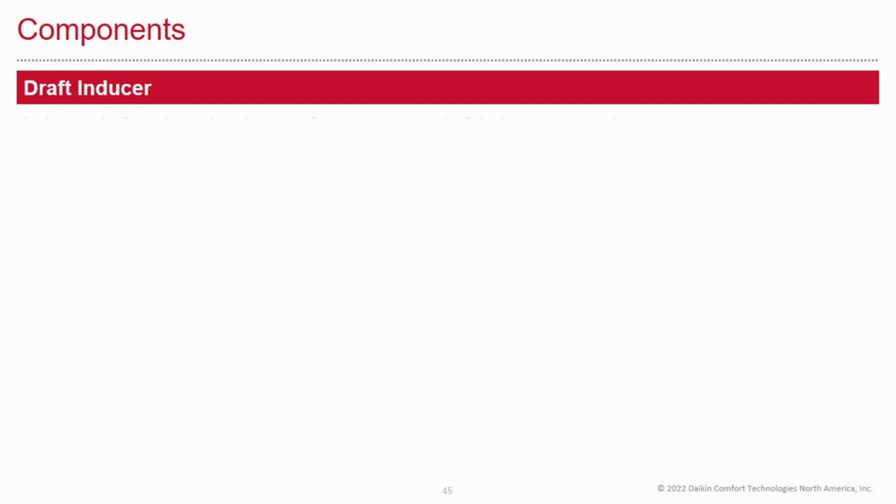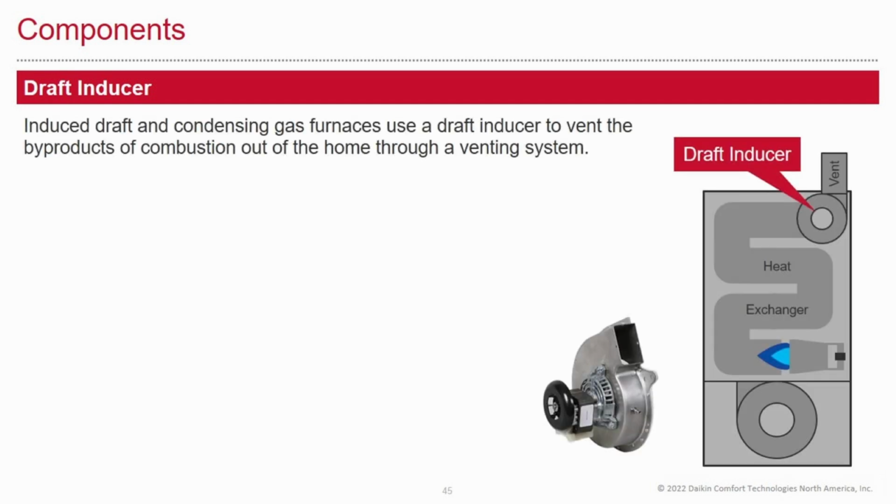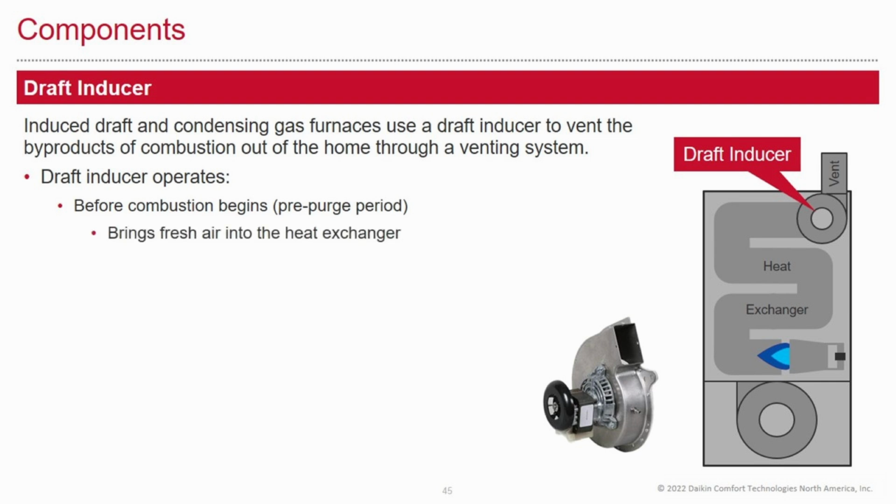Draft inducer. Induced draft and condensing gas furnaces use a draft inducer to vent the byproducts of combustion out of the home through a venting system. The draft inducer operates before combustion begins, a pre-purge period, and brings fresh air into the heat exchanger.